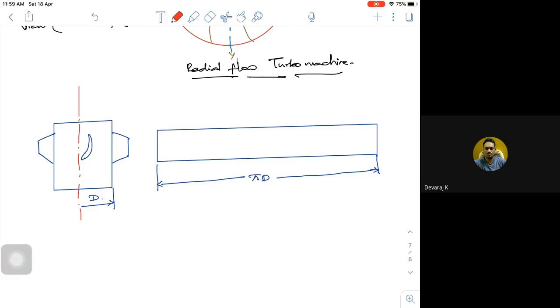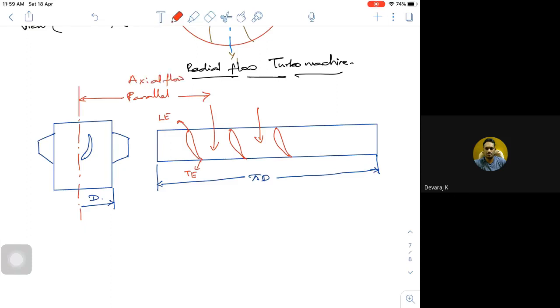So what will be the blades? If I am trying to put blades like this, just showing some 3 blades, this is your leading edge, this is your trailing edge. The fluid will be coming like this. And look at this, they are parallel. That is because this represents the axis, axial flow.